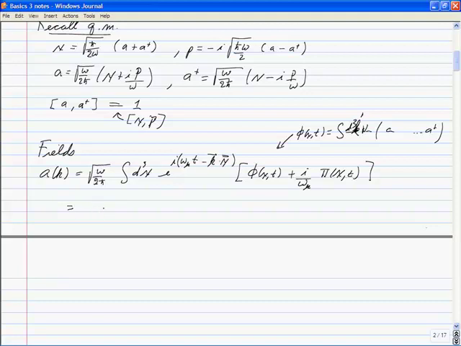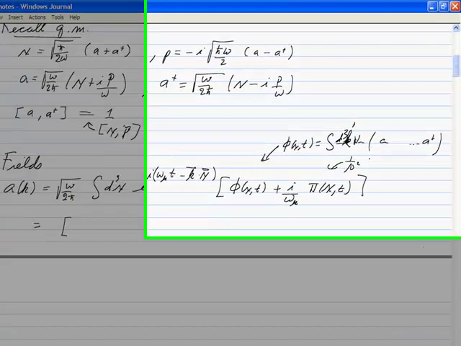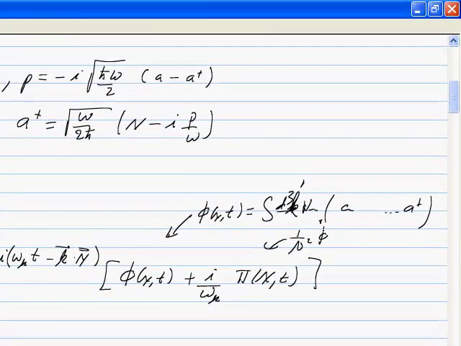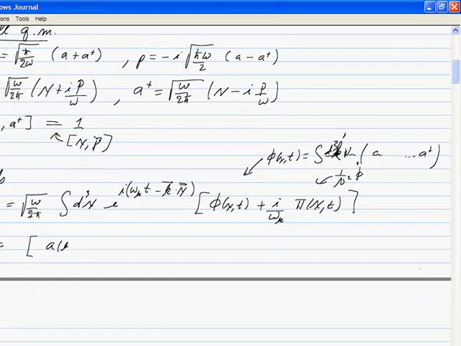It ends up, all the normalizations work out just right. So for this guy, we plug in 1 over v squared phi dot. And all the normalizations work out right, so I get a of k plus a of k. So the first one came from phi, the second one came from pi.